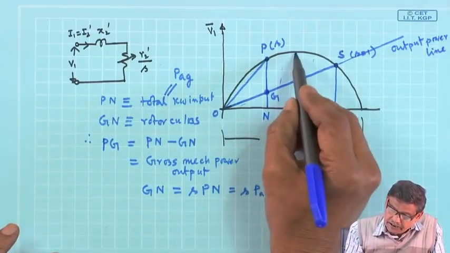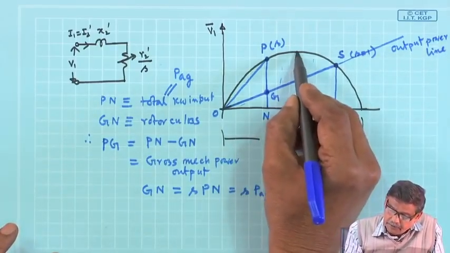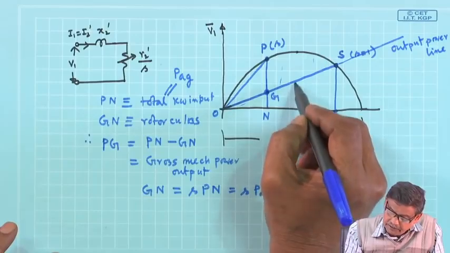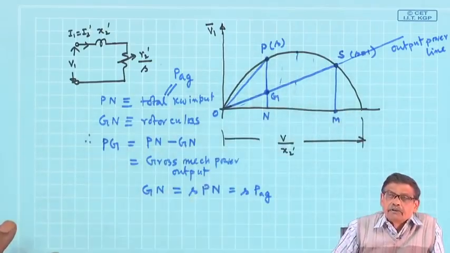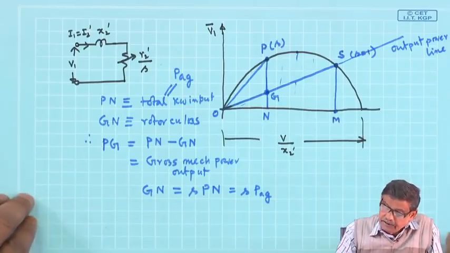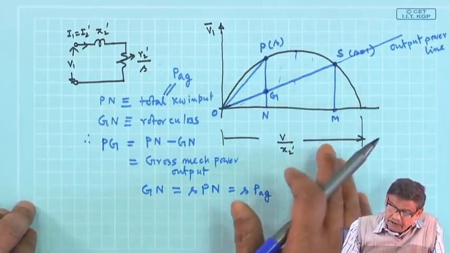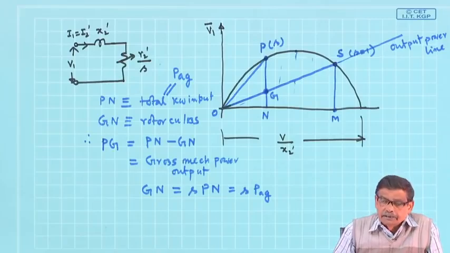If somebody says the machine is operating at this point, draw a vertical, this will be the copper loss there and this will be the mechanical power output, very simple. This way we can find out the performance of the machine.